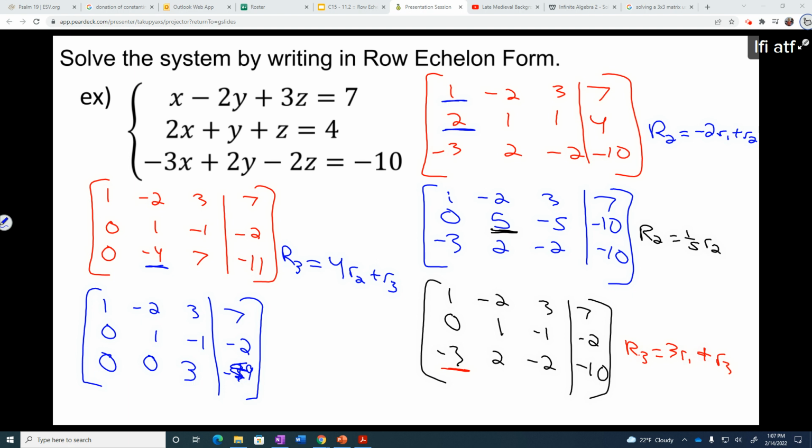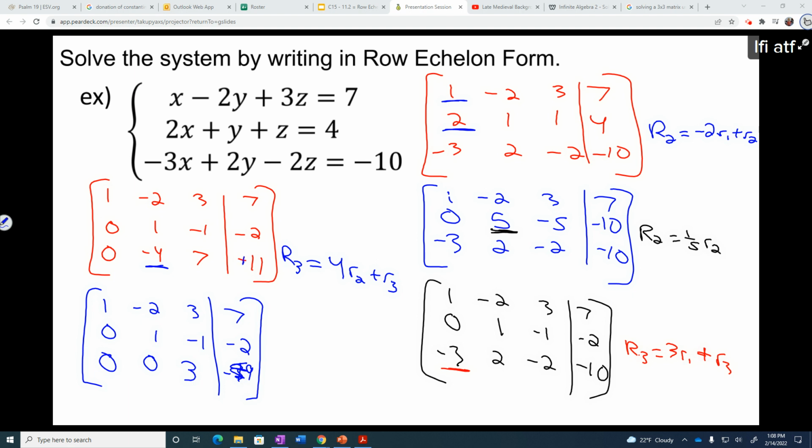Negative 6. 14. Divide by 2. Oh, this should be positive 11.